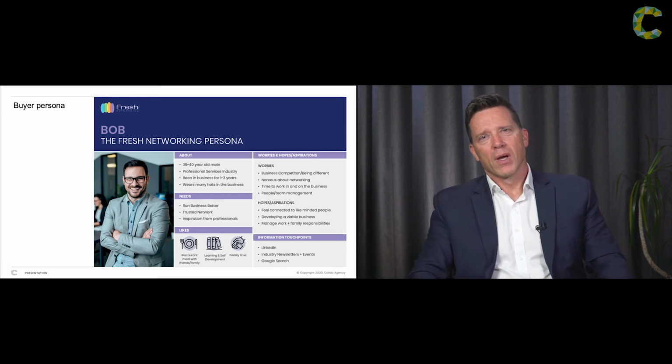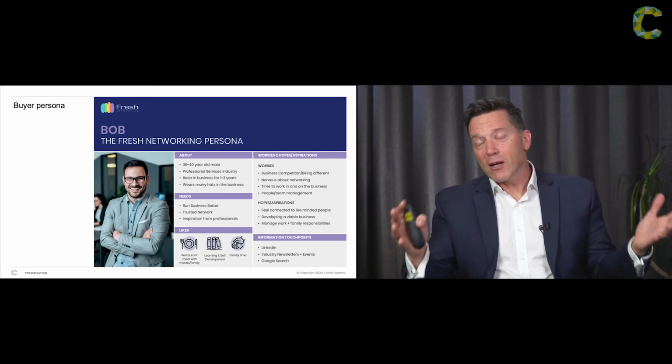This should be on the front desk of any salespeople in your organisation. The owners of the business should know who Bob is, and new employees should know who Bob is. So you bring it together, stick it up in your office, and make it part of your customer-centric organisation, really making a point of putting your customer first.